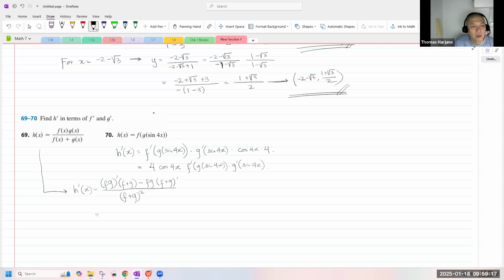However, on the top left, the first factor, I need to do product rule. f prime g plus fg prime times f plus g minus fg times the derivative of the sum, which is the sum of the derivatives.